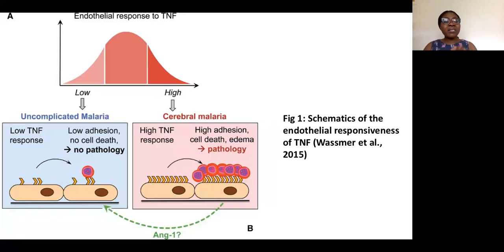So when you have it at low expression level, there is not much adhesion, no attachment, as we can see here. But when it is highly expressed, as seen on the right-hand side of this graph, you have higher adhesion, it becomes overly expressed, and so parasitized red blood cells become attached to blood vessels or the microvascular system, and so it begins to cause a cascade of other severe conditions.